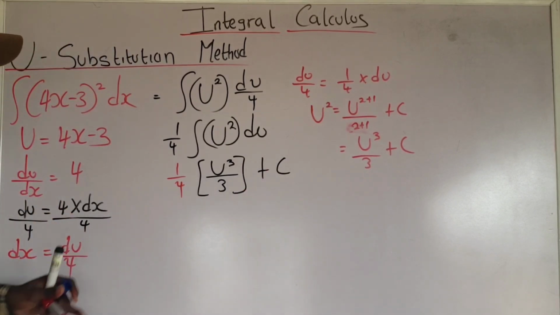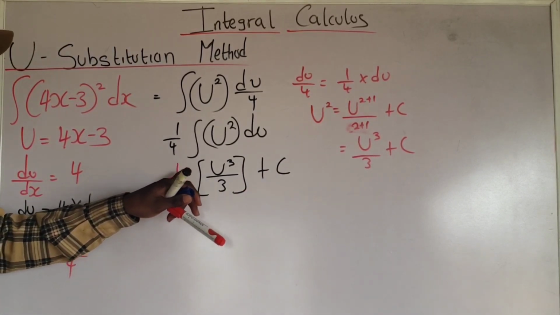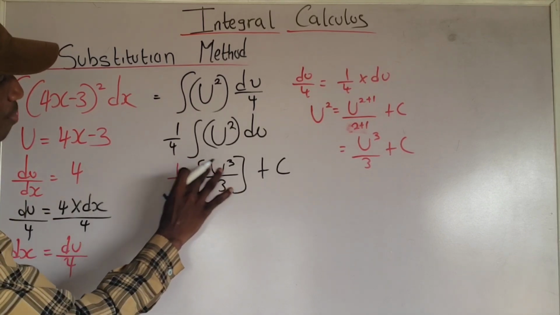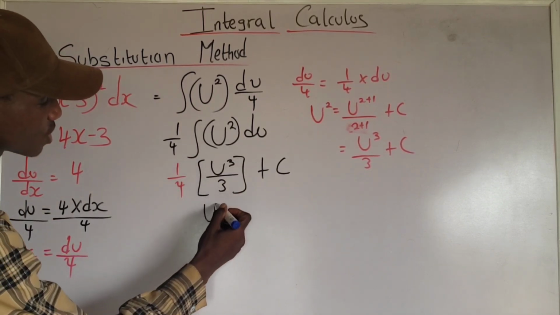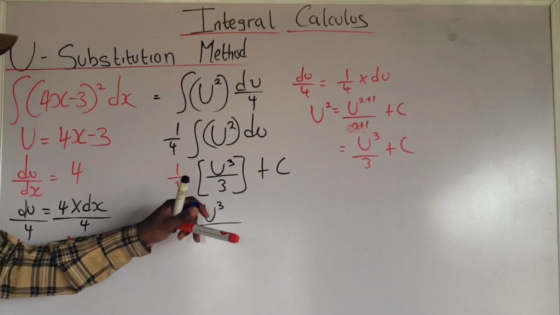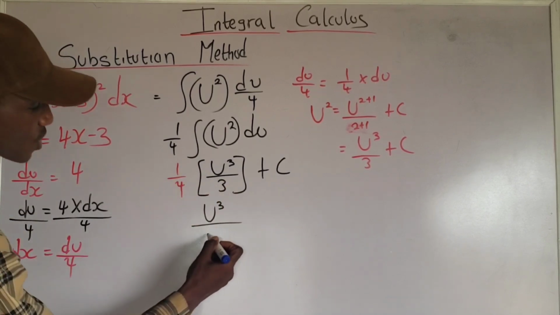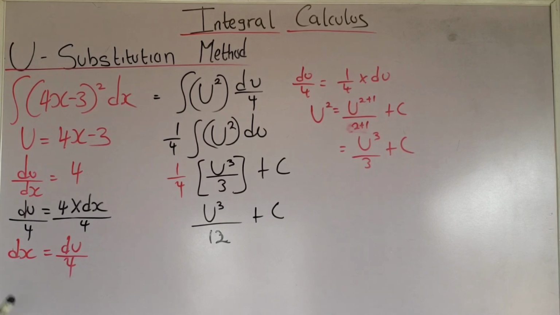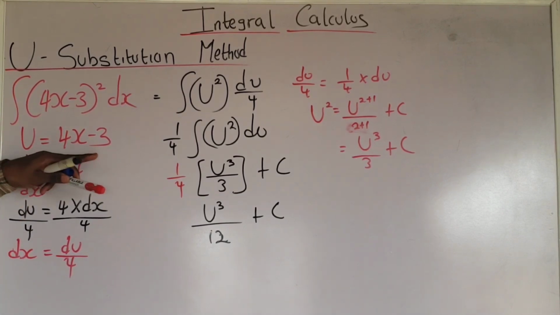Okay. Now, because I can take the product of 1 over 4 and u raised to the power of 3 over 3, 1 multiplied by u raised to the power of 3, I'm going to have u raised to the power of 3 all over 4 multiplied by 3 which will give me 12. So I'm going to have this over 12 plus c. Now, don't forget that we have already made u equal to 4x minus 3.